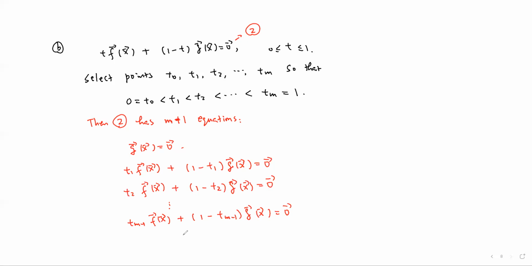Then t is 1, so the second term is 0. The final equation is the original problem that we want to solve.